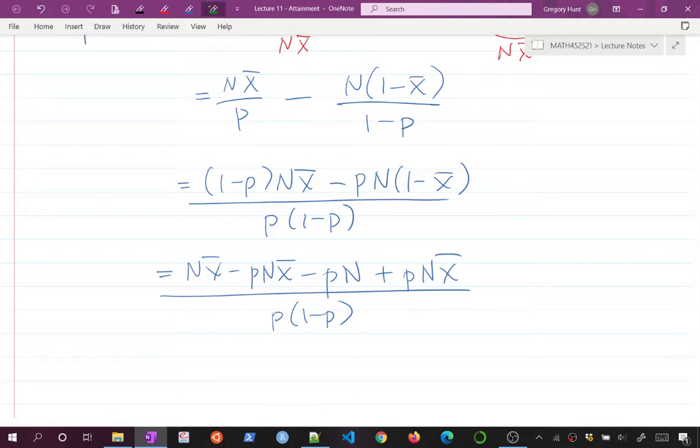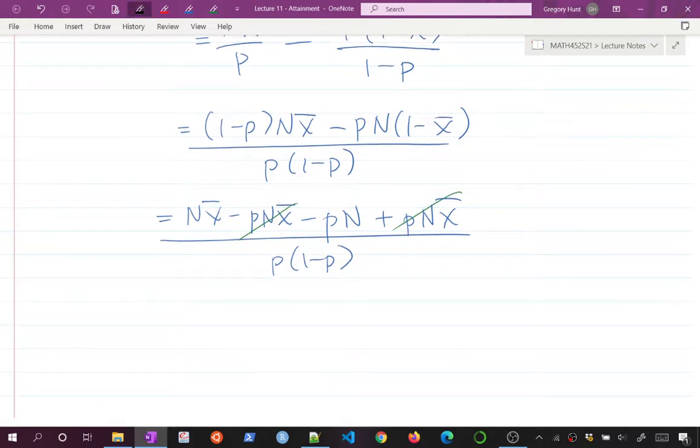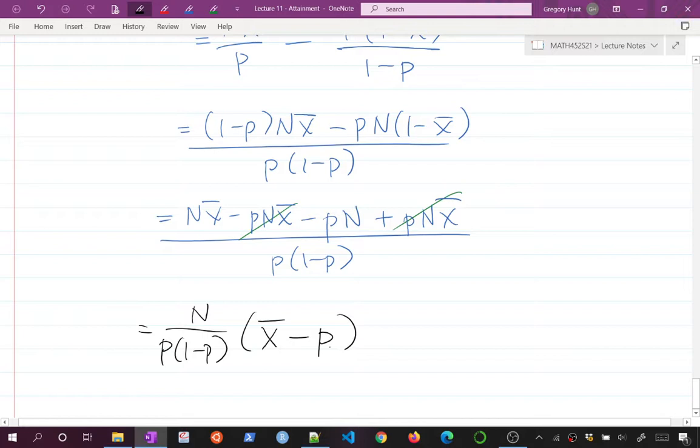Once we get to that, now we get some cancellations. In particular, we get that. And so altogether, we'll have an n x bar and a pn x bar, or a pn up front. I can factor out that n, and I'm going to write this in this fashion. Believe me, that is equivalent.